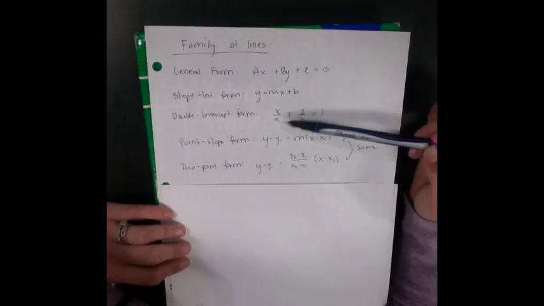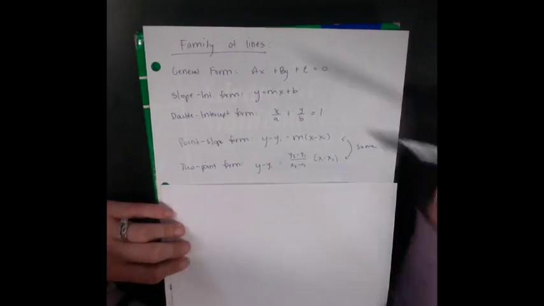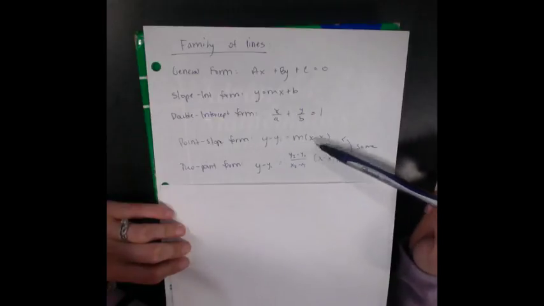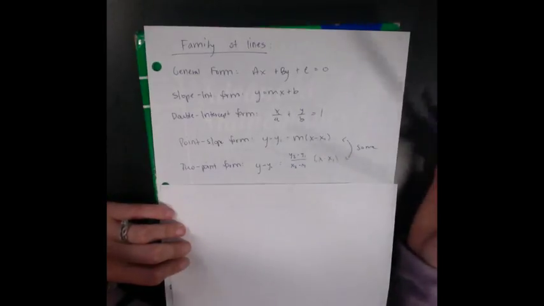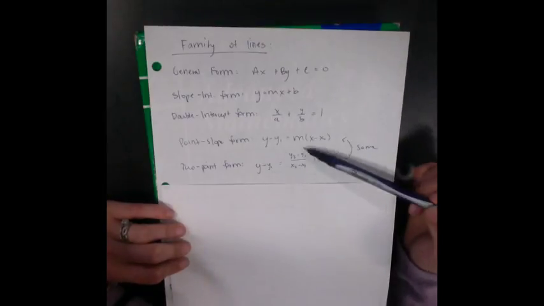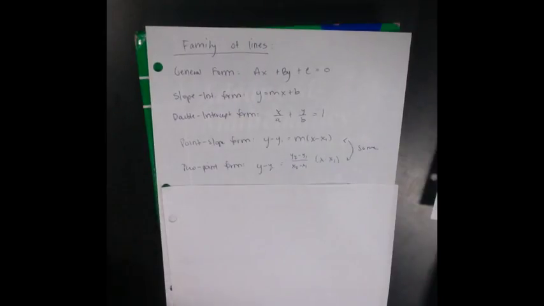Double intercept form: x over a plus y over b is 1. We'll use this one a lot. Point slope: y minus y1 equals m times x minus x1. You need to memorize all of these because we're going to be going back and forth between different forms now. And 2-point form is just writing the slope as y2 minus y1 over x2 minus x1. You really won't need to know that.